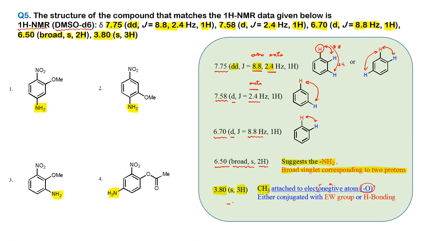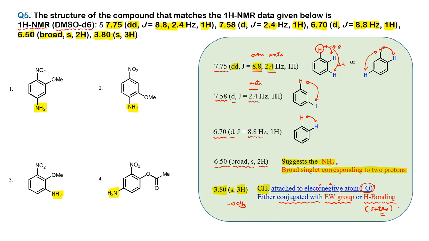So we expect this may be an OCH3, which is generally around 3.3 or 3.4. Moreover, it suggests that it may be in conjugation with an electron withdrawing group, or it may have a probable hydrogen bonding. In this case, the hydrogen bonding will probably be intramolecular. So these are the probable subparts that we are getting from this information.